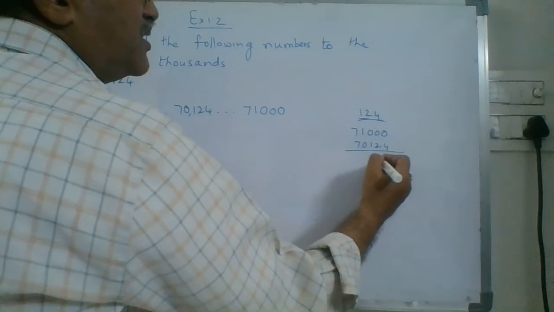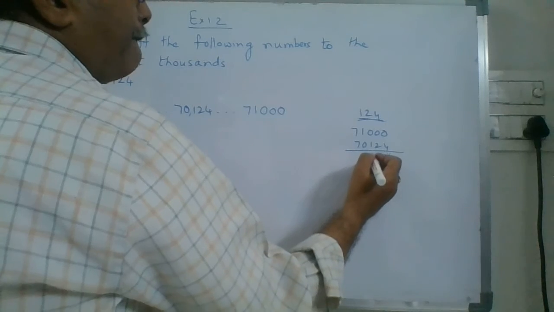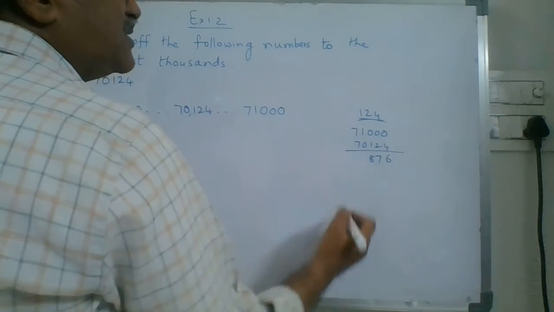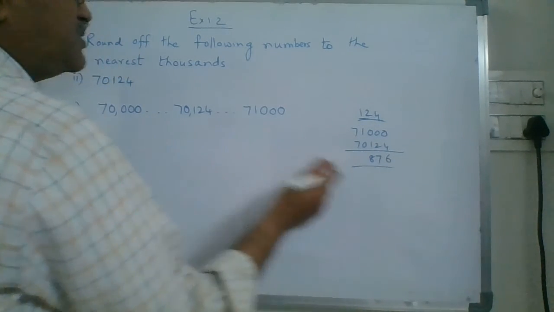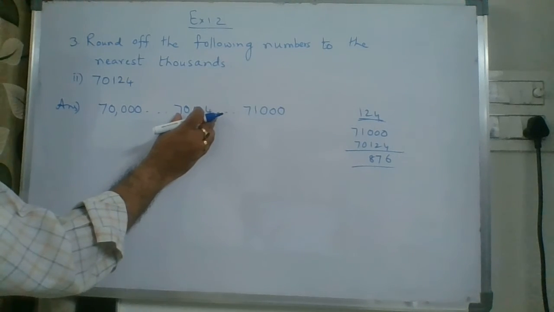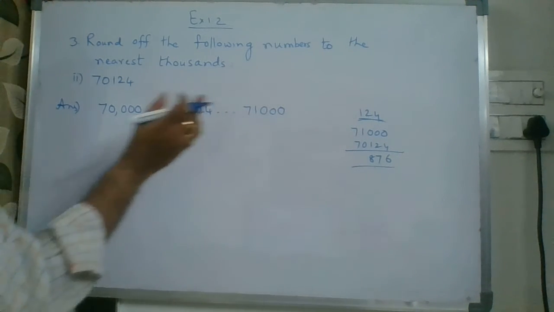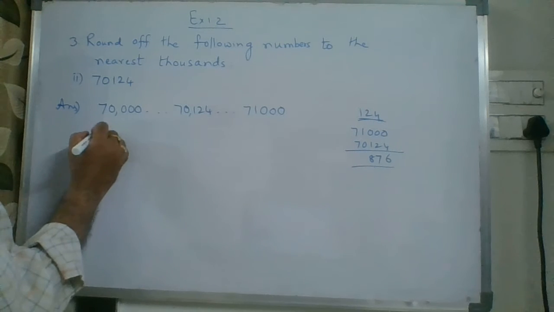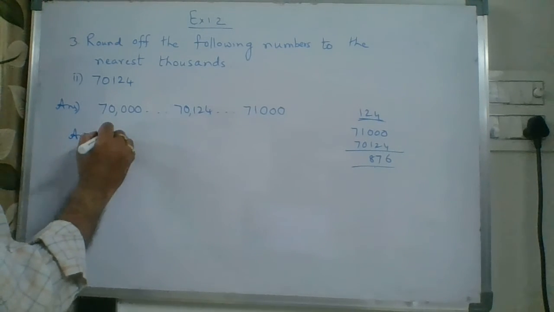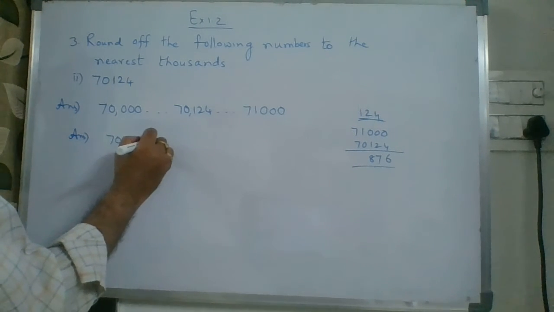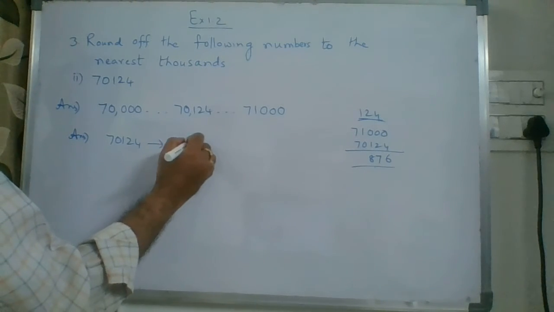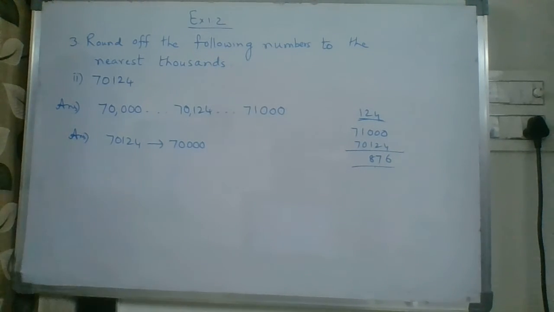See, this is very large. Therefore, 70,124 is very far away from 71,000. Therefore, 70,124 is rounded to 70,000, not to 71,000.